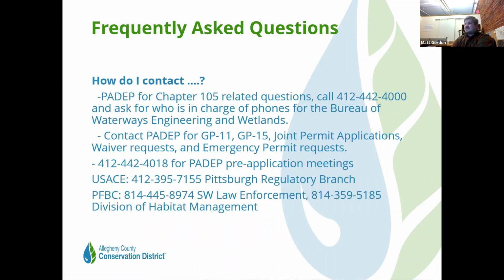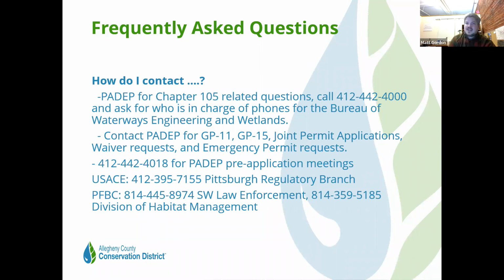So how do I contact various groups? So the regional office DEP for 105 related questions, best bet calling 412-442-4000, the main number, and asking for who's in charge of phones for waterways, engineering, and wetlands that day. They're on a rotating basis for staff to have somebody in charge of incoming calls.